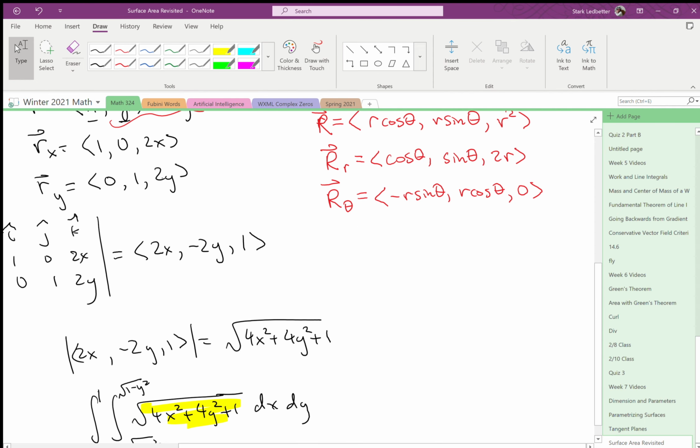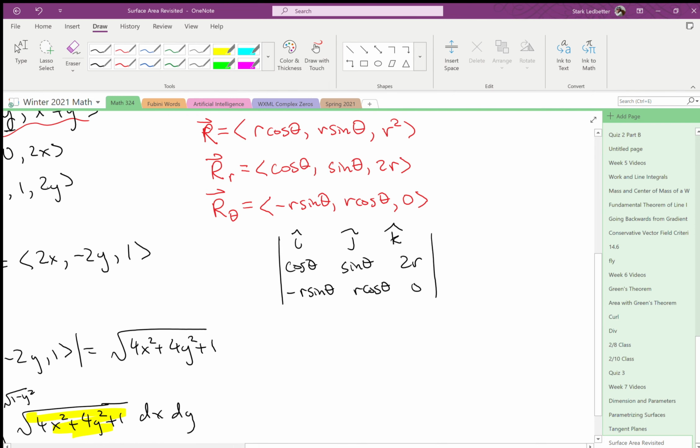And then we want to find the magnitude of the cross product: cosine theta, sine theta, 2r; negative r sine theta, r cosine theta, 0.